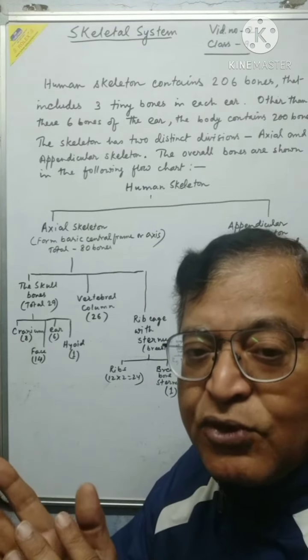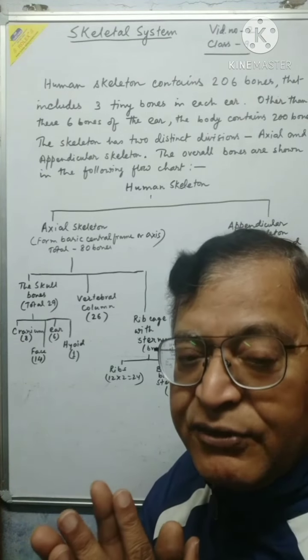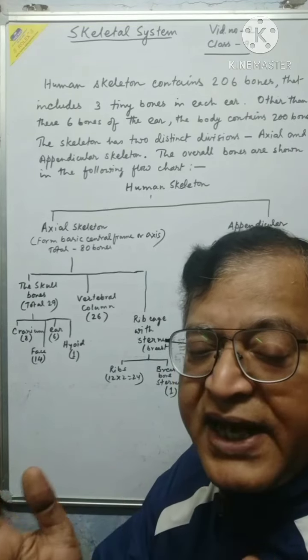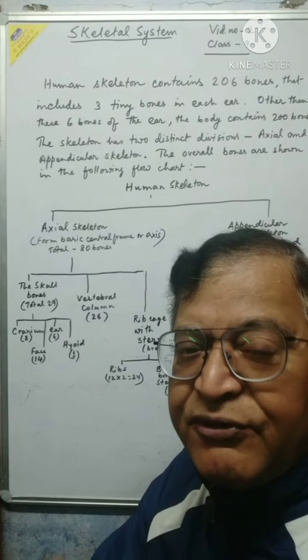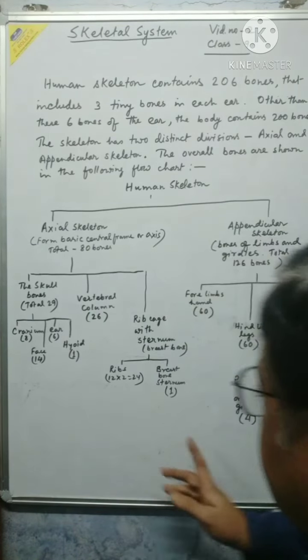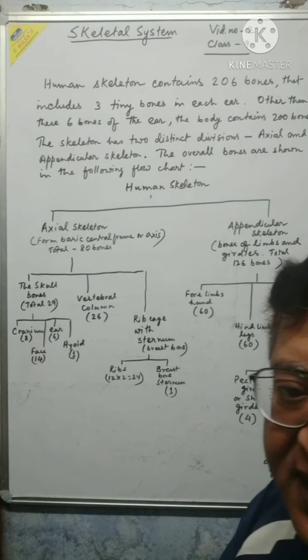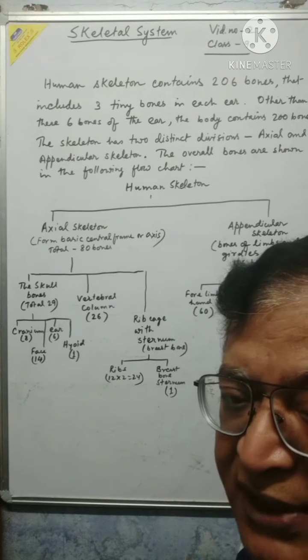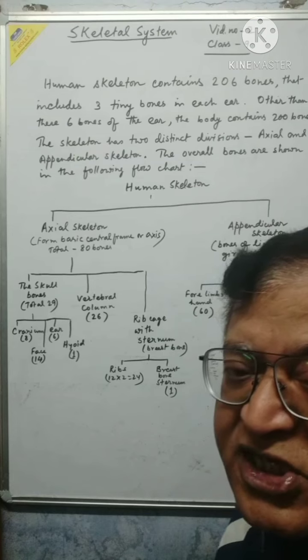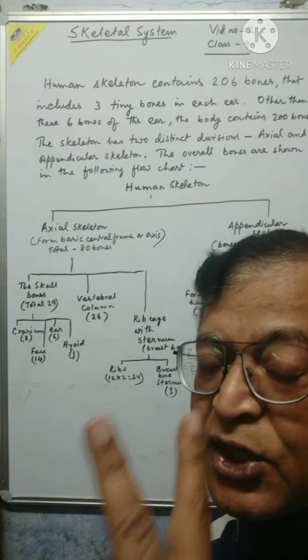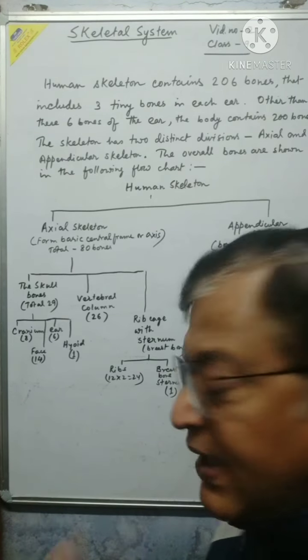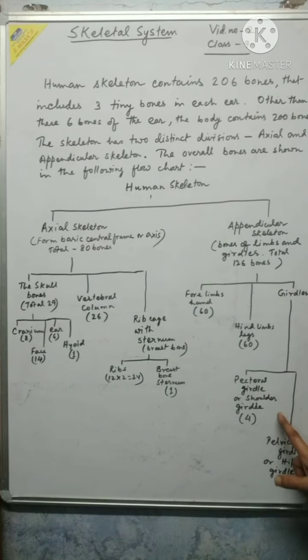Details of those bones and the fusion, how they are fused, and what all their names are, we'll discuss later. But this pelvic girdle, ultimately, due to fusion of 3 bones on each side, shows only 2 bones. That means 4 plus 2, 6 bones.